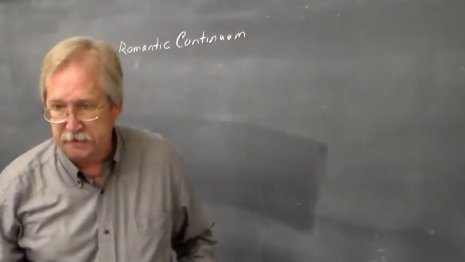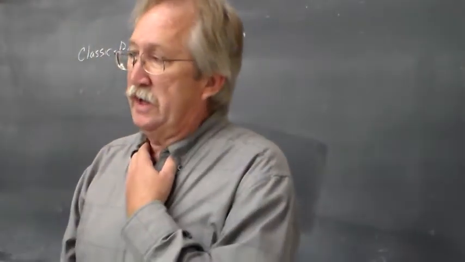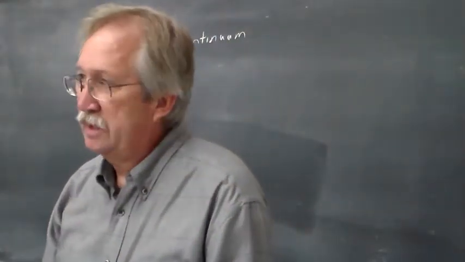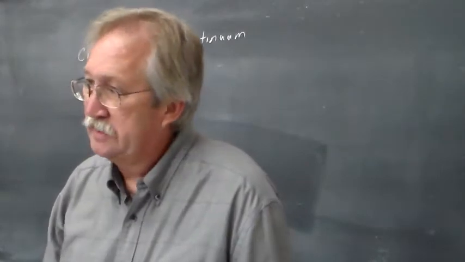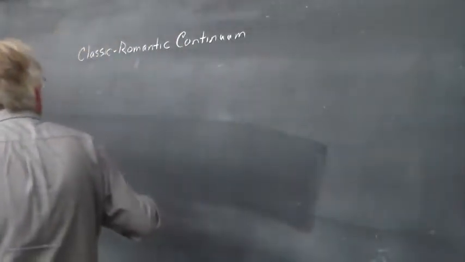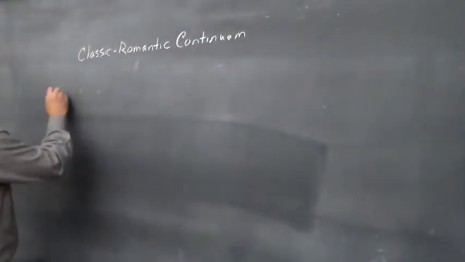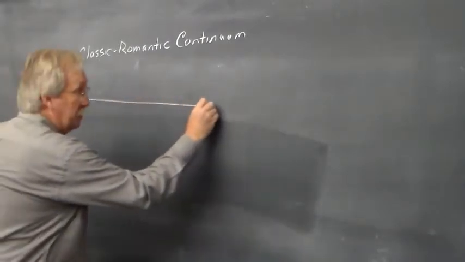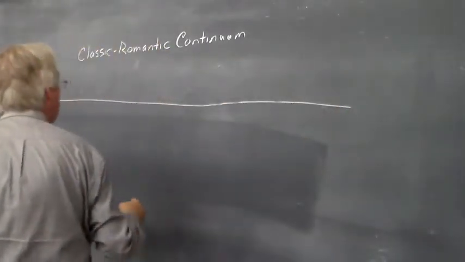So the classic romantic continuum is a basic concept that has to do with two antithetical concepts. And so we are going to talk about this within the context of the common practice period.